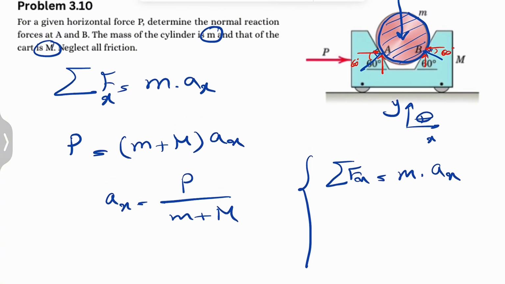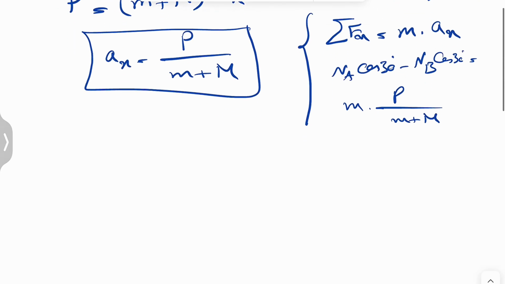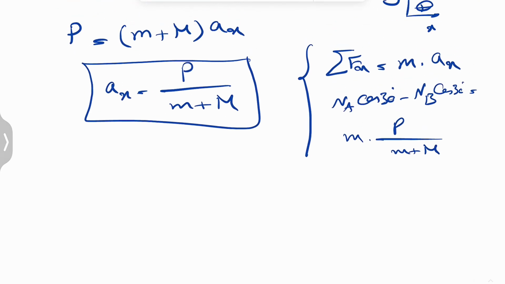So we can call this one NA, the other one NB. We're going to have NA cosine of 30 degrees minus NB cosine of 30 degrees, equal to m times acceleration, which is what we found in here: P over M plus m. So that's our first equation based on the movement in x direction, and here we can simply factor cosine of 30.